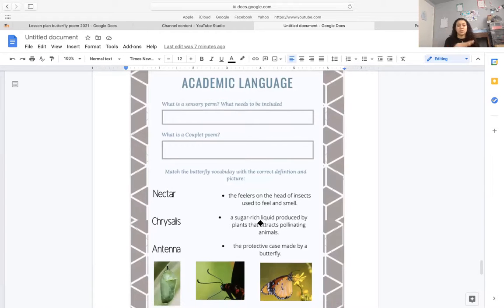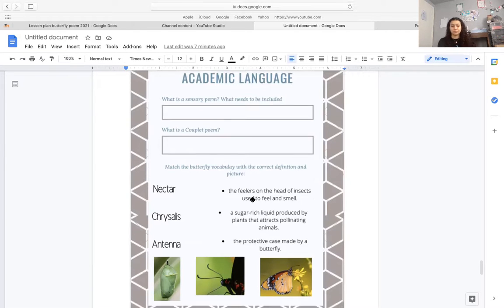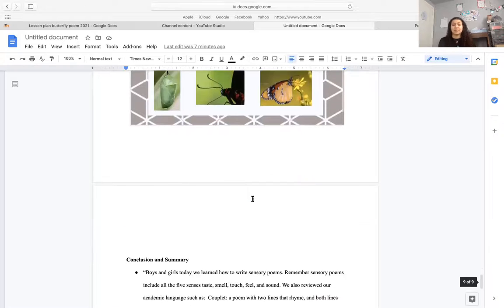In our first part, we're going to say what a sensory poem is and what has to be included, what a couplet poem is, and then we have our nectar, chrysalis, antenna definitions, and we have to match them, and we also have to match them with a picture. So as you finish your butterflies, go ahead and turn it in up at the front and take a performance worksheet for academic language. All right, and then I will give you a few moments to do that.